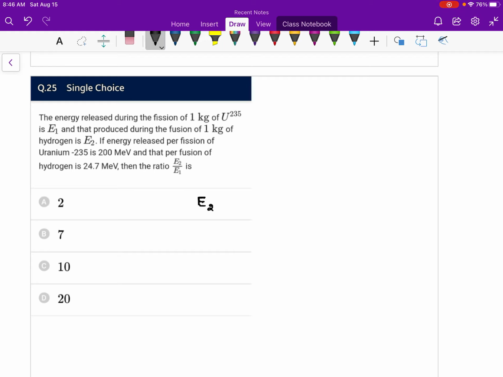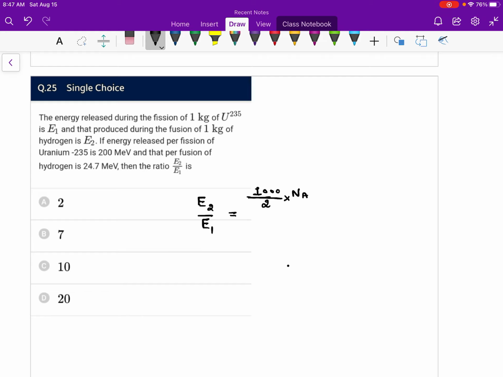So 1 kg means 1000 gram, and molar mass of hydrogen is 2, so 1000 upon 2 is the number of moles of hydrogen, into Na, is the number of hydrogen atoms.